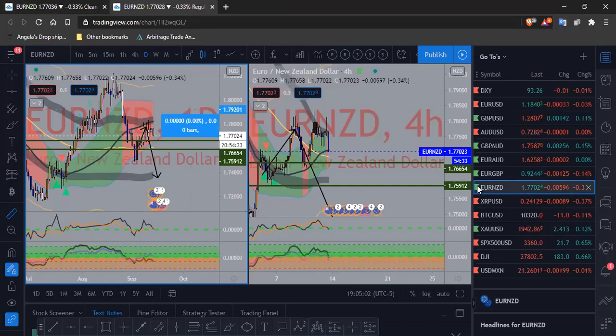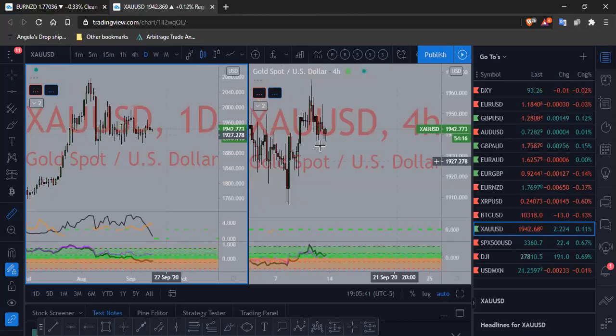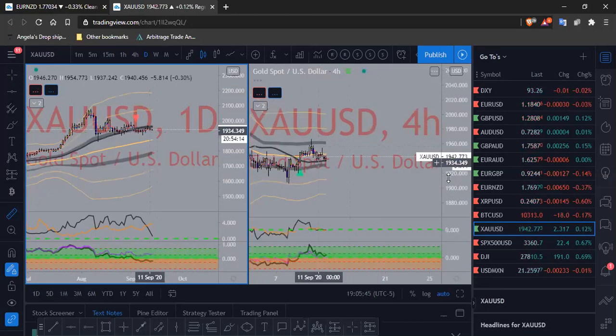I'm not in this trade because my stop loss got hit. I'm still a little salty about that. Let's look at gold. If you bought at 1950, your stop loss should still be at break even. And if you bought at 1930, I believe your stop loss definitely should not have been hit just yet.